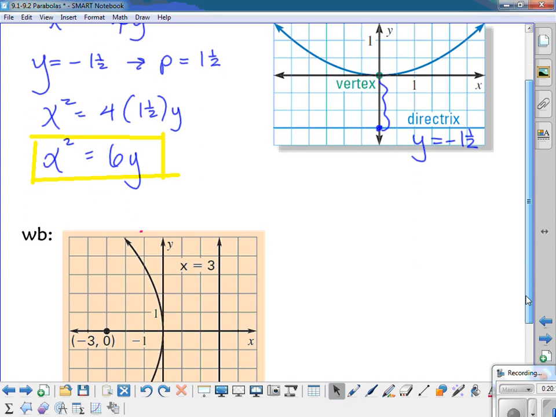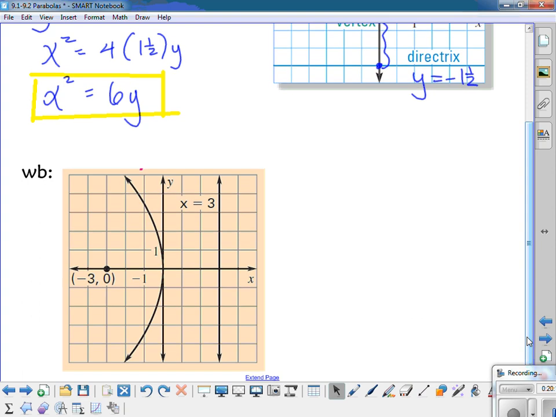Alrighty, so here's one for you guys to do real quickly before the bell rings. I'll have you guys write the equation for this one. All right, which direction are we going to focus on this one?